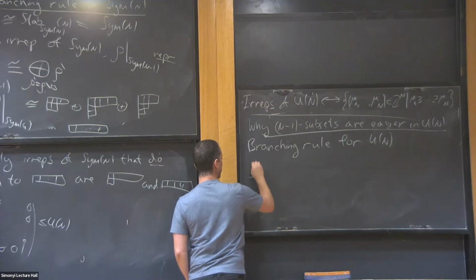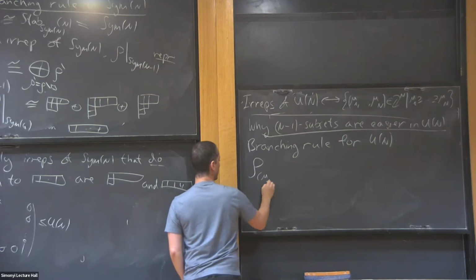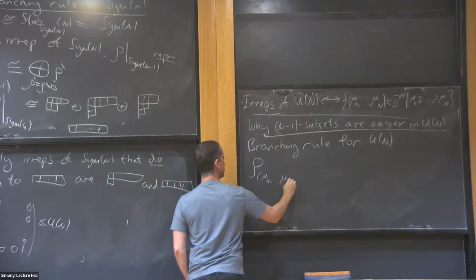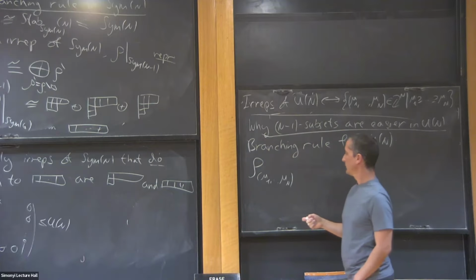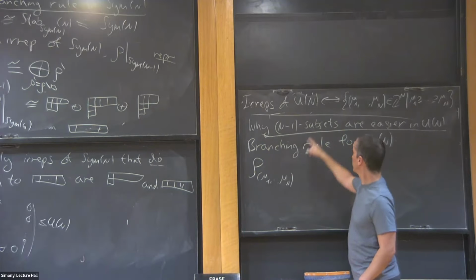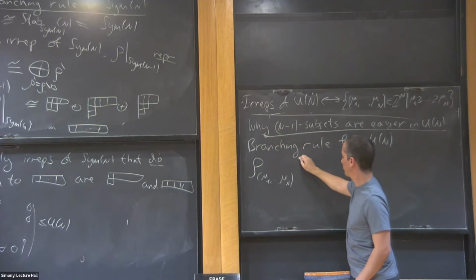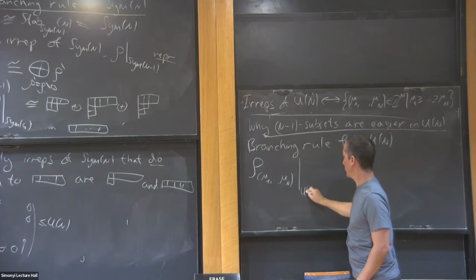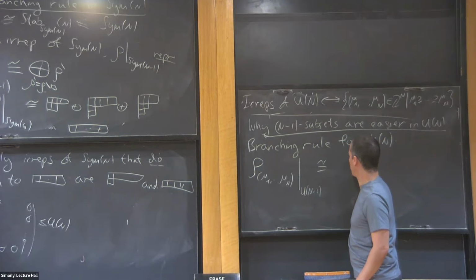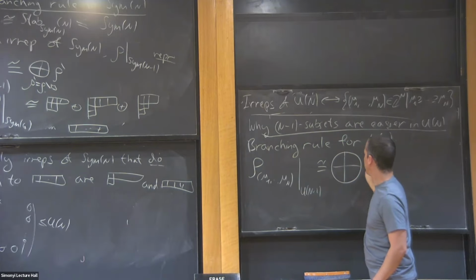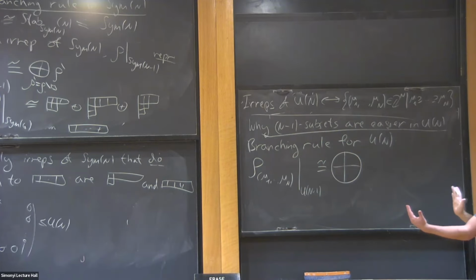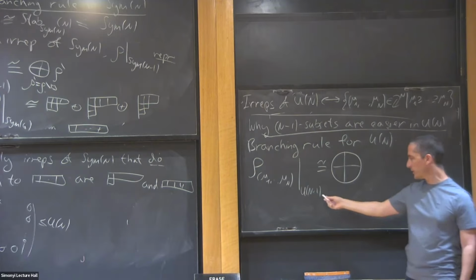So I'll say it like that. If you take rho mu_1 up to mu_n, okay, so this is the vector, and I restrict it to U(n-1), it turns out that the decomposition is given by all... So now I need vectors of length n minus 1. I want a representation of U(n-1).